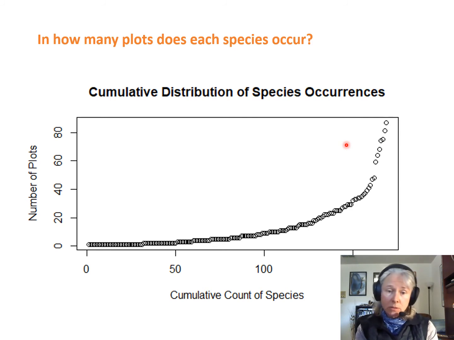So that's a goodly number. This curvilinear pattern here is fairly typical in terms of the distribution of species occurrences. It is highly skewed to the right, like this.